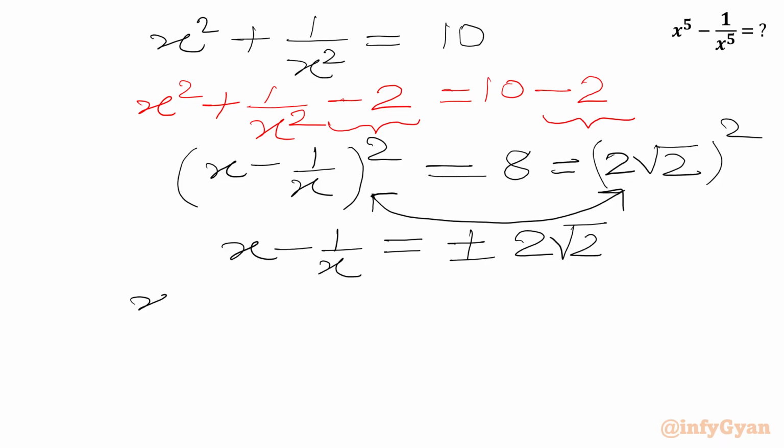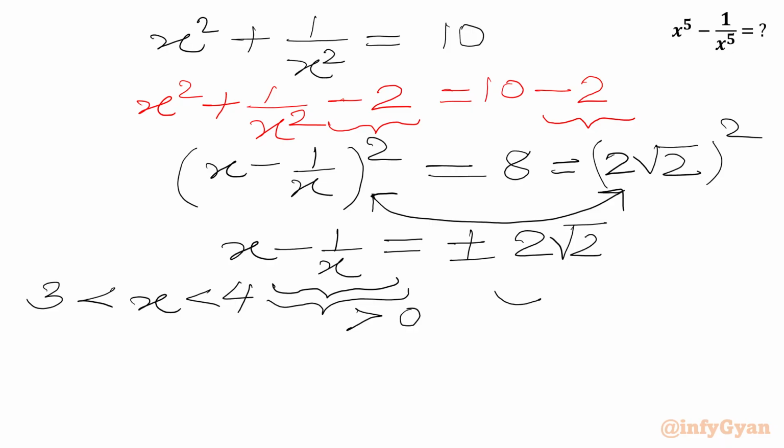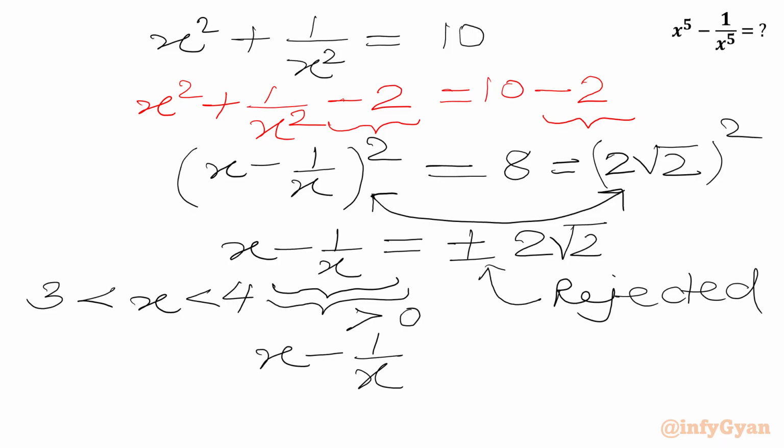Now our x is lying in the interval 3 and 4, so x minus 1 over x, this quantity must be positive. So we are going to reject this minus sign. So we will write here rejected. So our accepted value of x minus 1 over x would be plus 2 root 2, or 2 root 2.